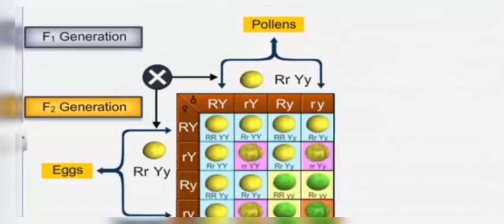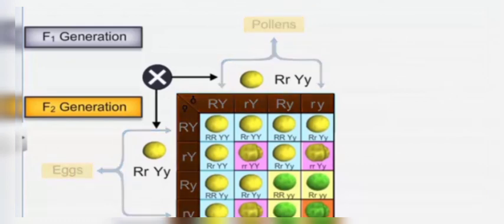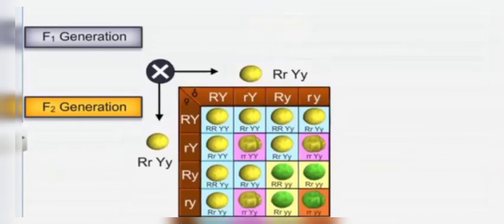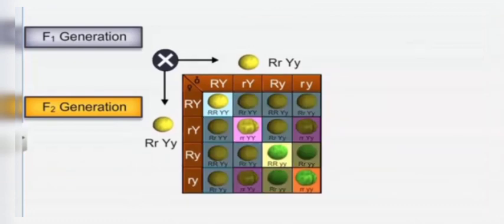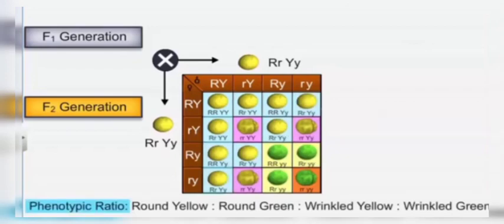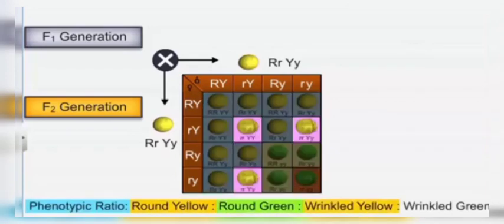Now the allelic composition of the zygotes of the F2 plants can be easily obtained by the Punnett square as shown. As you already saw, there are four different types of phenotypes found in the F2, and the phenotypic ratio is 9:3:3:1.